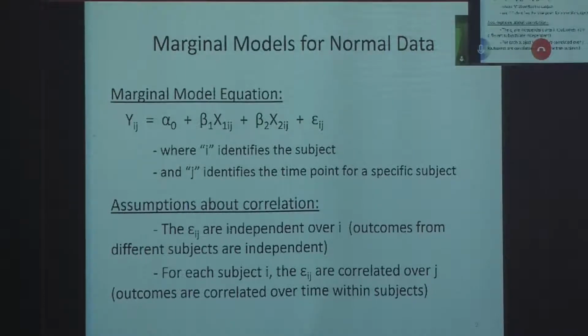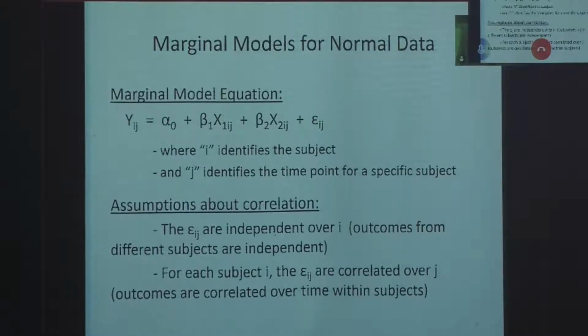My CD4 count is independent of yours, is independent of everyone else in the room. We have independence over subjects. But the epsilons, and therefore the outcomes, are correlated, dependent over j. So j was time. My CD4 counts are correlated over time, but independent over people.